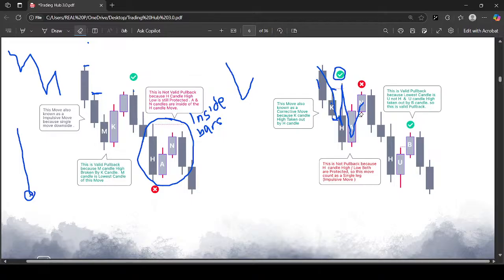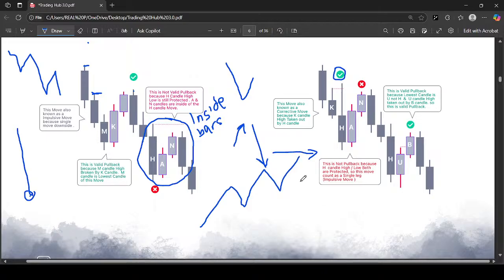We are still talking about, remember, pullback in correction moves. We say that in every movement of the market, you can have either an uptrend, a downtrend, or what? A sideways movement. So if it's an uptrend, what do we have? Impulsive move, correction, impulsive move, correction, impulsive move. And if it's a downtrend, what do we have?